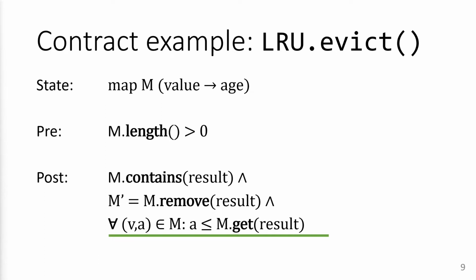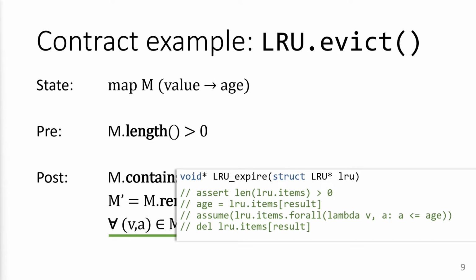This contract tells you what the data structure does, but not how it does it. So even if this LRU is not implemented with maps, you can describe it with maps. We also only require developers to write contracts in Python, which already uses maps as a fundamental data structure. They don't need to write fancy formulas.